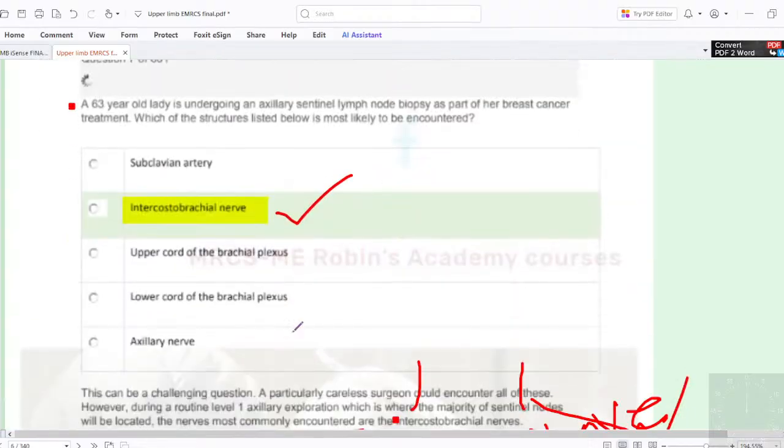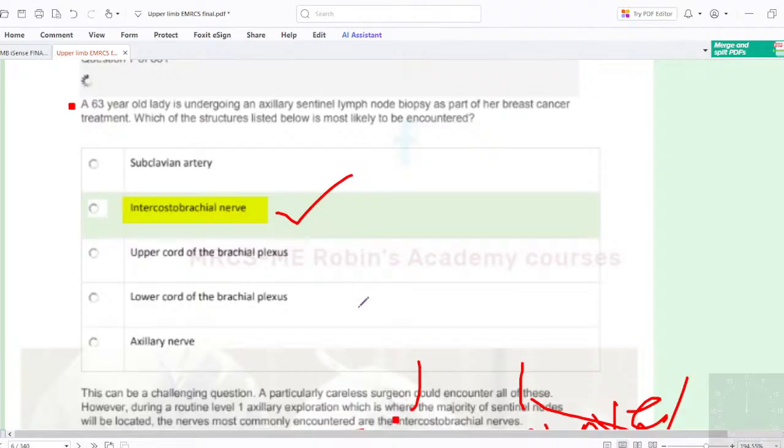Next. A 63-year-old lady is undergoing surgery as part of breast cancer treatment. Which structure is likely to be encountered? So we studied three nerves: the intercostobrachial, the thoracodorsal, and then the other one was the long thoracic.